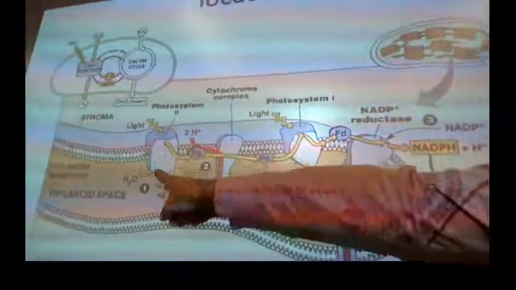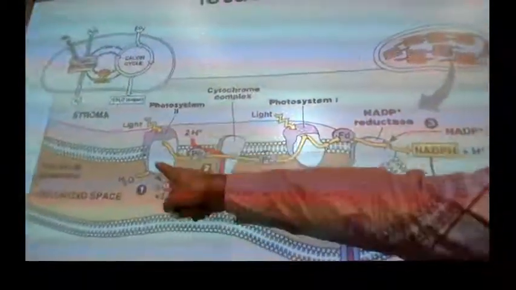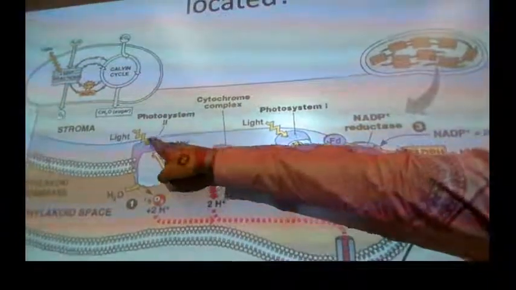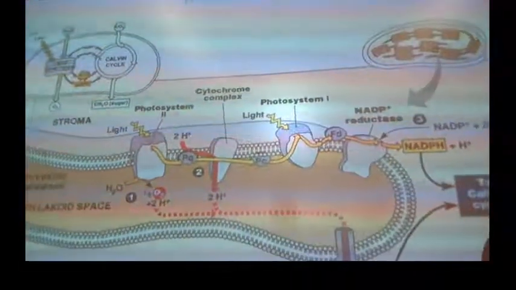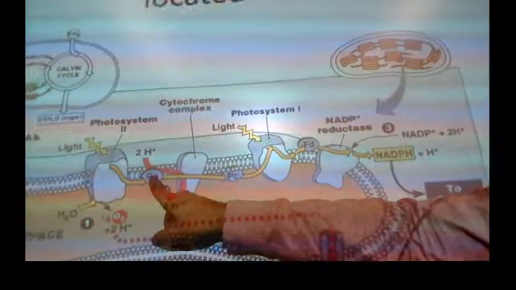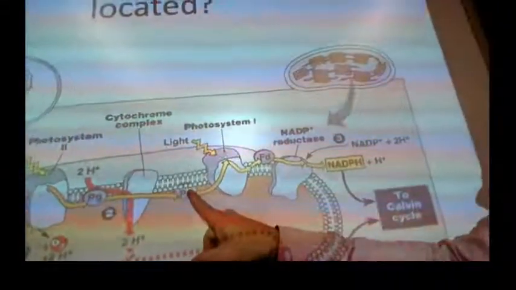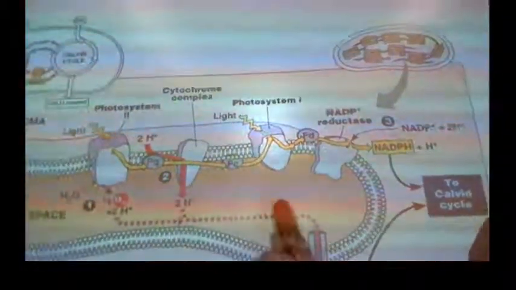All of these, so this is an integral protein. The structure of that integral protein allows it to have the chlorophyll pigments. It also allows it to break down a molecule of water. This is a peripheral protein, this is a peripheral protein, this is a peripheral protein. So these are just kind of in-betweens.